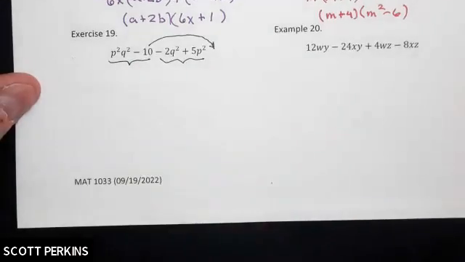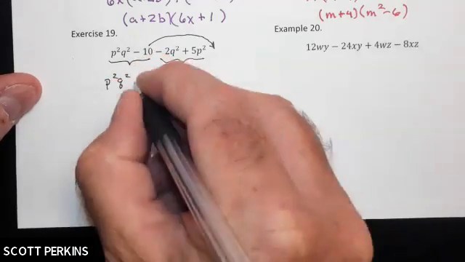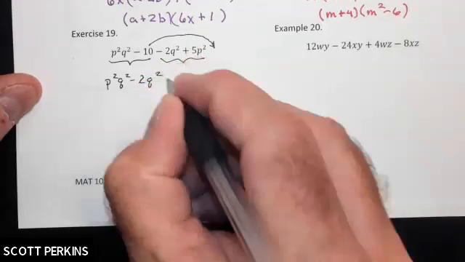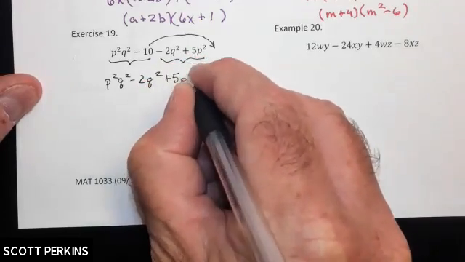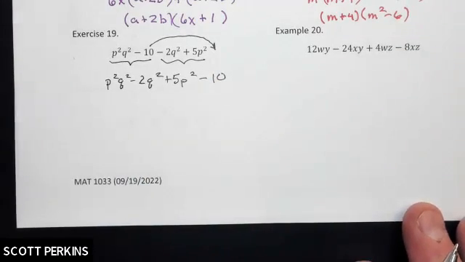So I'm going to rewrite this problem as p squared q squared minus 2q squared plus 5p squared minus 10. And now you'll notice the grouping will work.